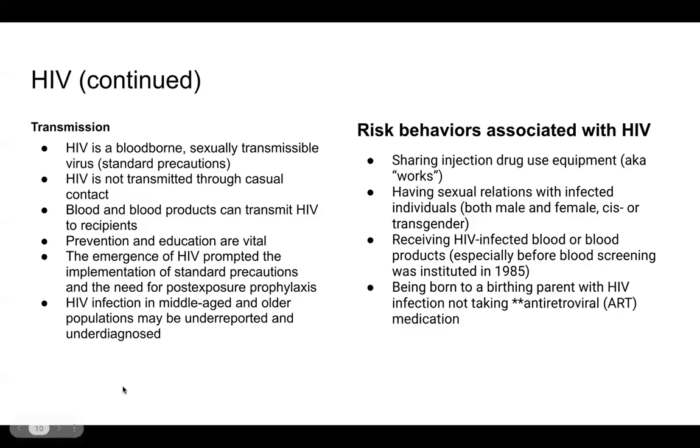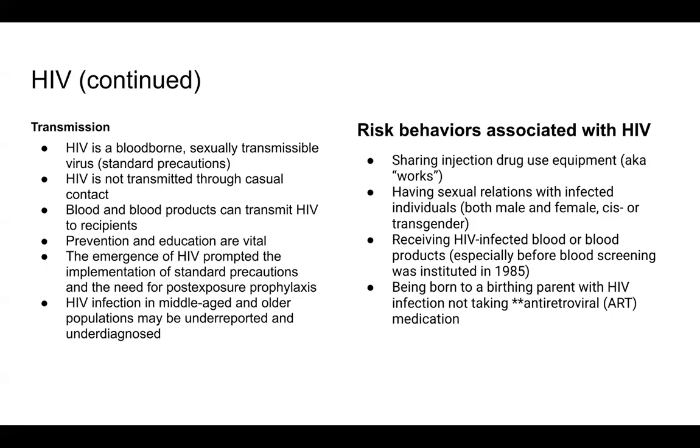So when we talk about post-exposure prophylaxis and things like that, it's super important that we continue on with things like this, so that we are treating our patients appropriately.